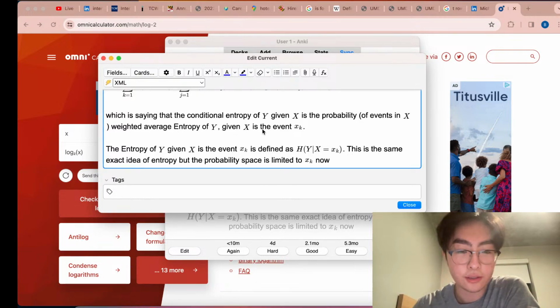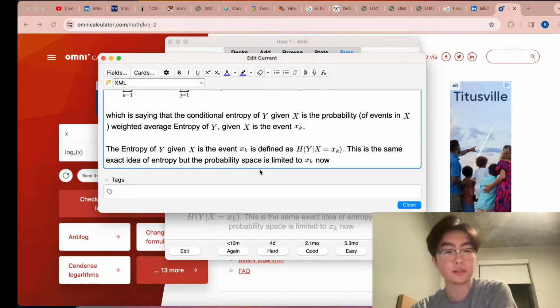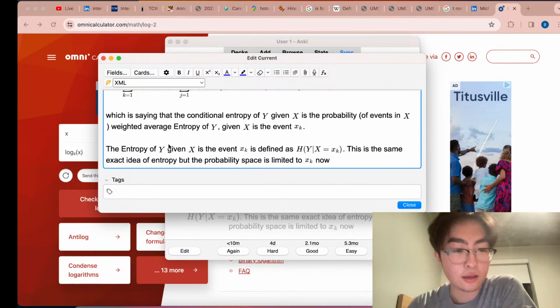Given X is the event xk, the entropy of Y given X is the event xk is defined as H(Y|X = k). This is the same exact idea of entropy, but the probability space is limited to xk now.